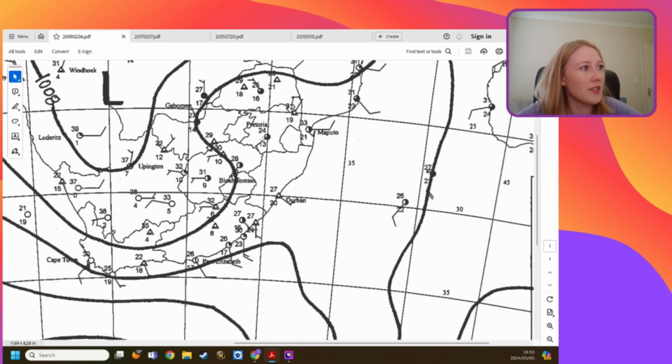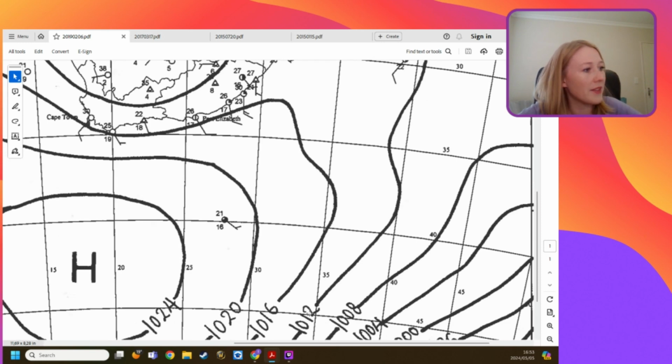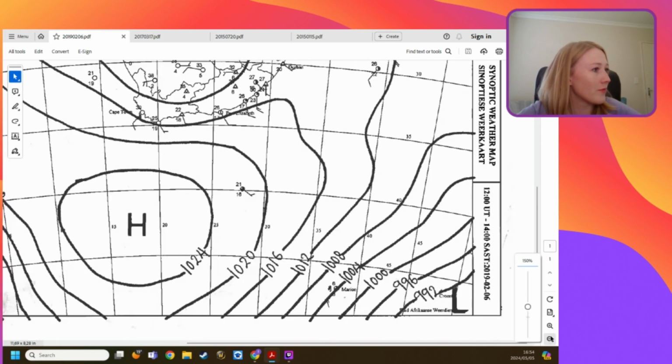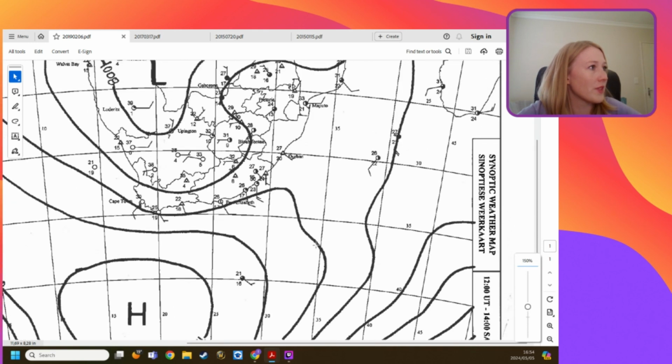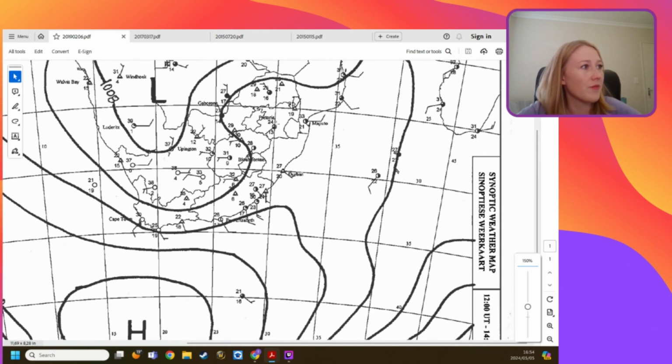This line, on the other side of Pretoria, goes all the way down, and it's 1012. Now we have the values for these lines, 1016 and 1012.